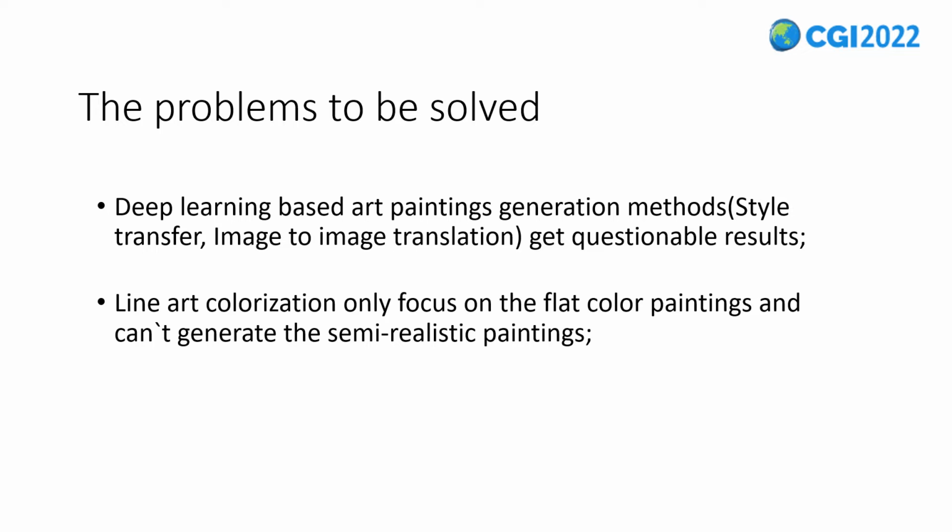Other works, such as Style2Paints or PaintsChainer, can colorize the line art, but they all focus on flat color paintings, and they can't generate semi-realistic paintings. That's the second kind of paintings. No one focuses on the first one.